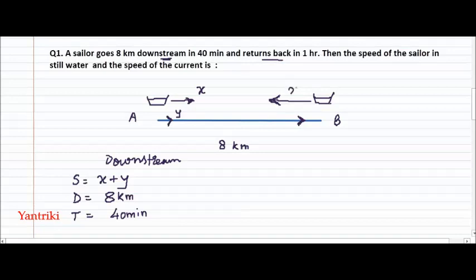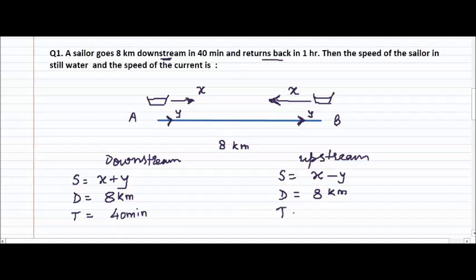This is x and this is y. Now for upstream case, I will write what data we have. Speed is x minus y. Distance is again the same, 8 kilometers. And what is the time taken now? The time taken here is 1 hour.